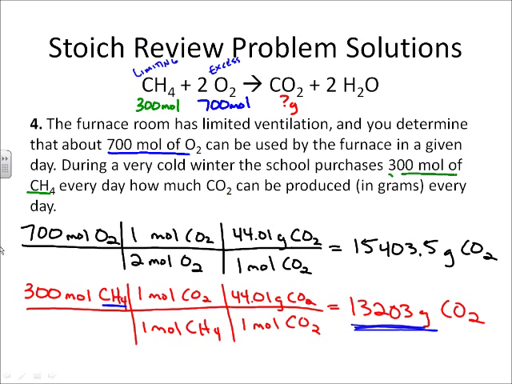So here's the quantity that we can produce. So this would be the answer. This is how much can be produced. We have enough of the oxygen to actually make more, but we run out of the methane in the process. So that's how much can be produced. You should know that whatever your limiting reactant is going to determine how much of your product can be produced.